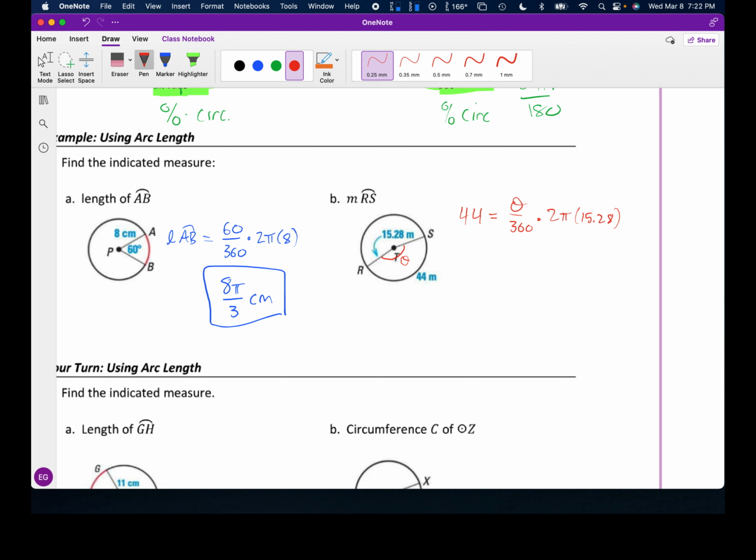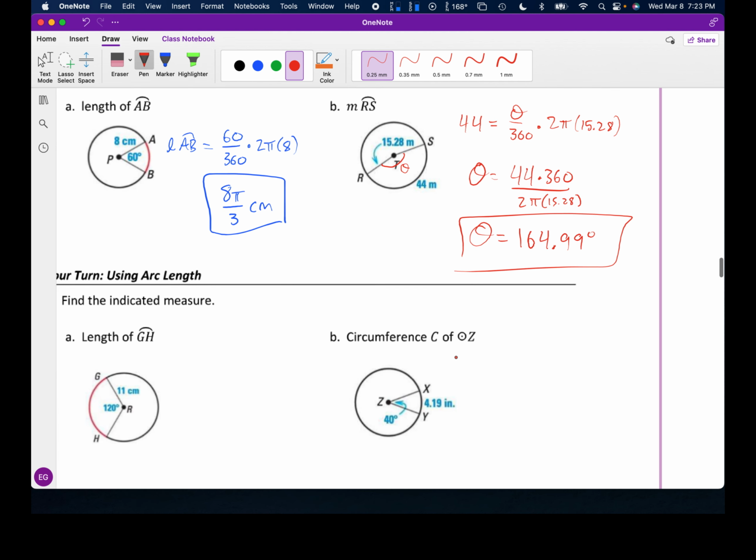In order to get theta by itself, I'm going to multiply the 360 to the other side, and divide by the 2 pi 15.28. When I plug that into my fancy calculator, I got 164.99 degrees, give or take. So that is going to be the measure of the arc RS. Okay, so the central angle is what we're looking for there.